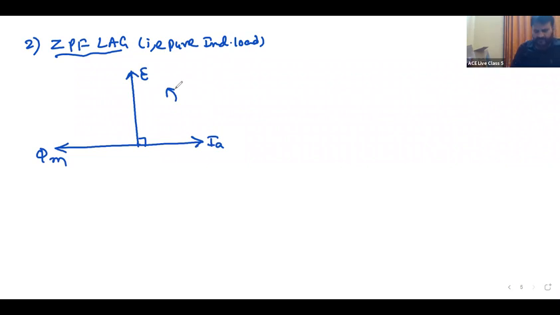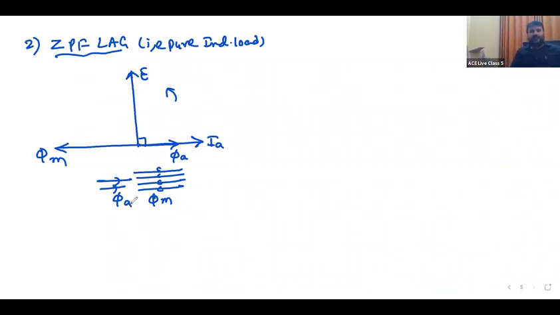When current lags, flux also lags. The main field flux is in this direction, but phi A is in the opposite direction. So phi A opposes phi M.